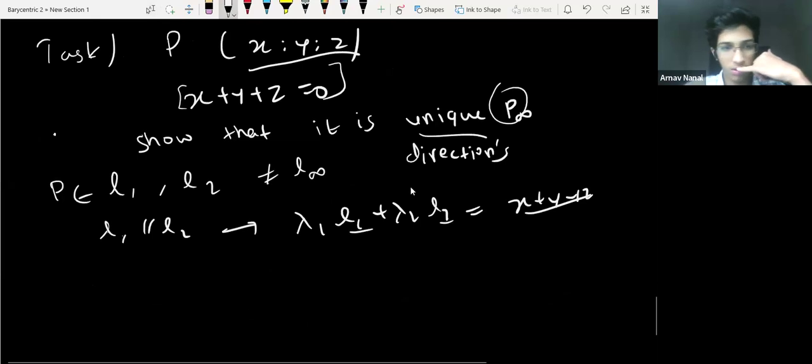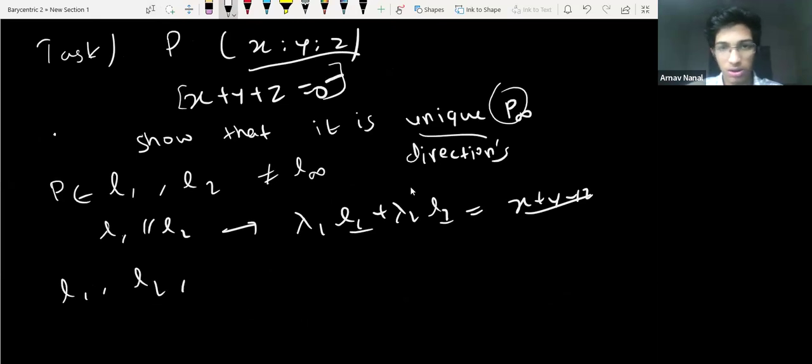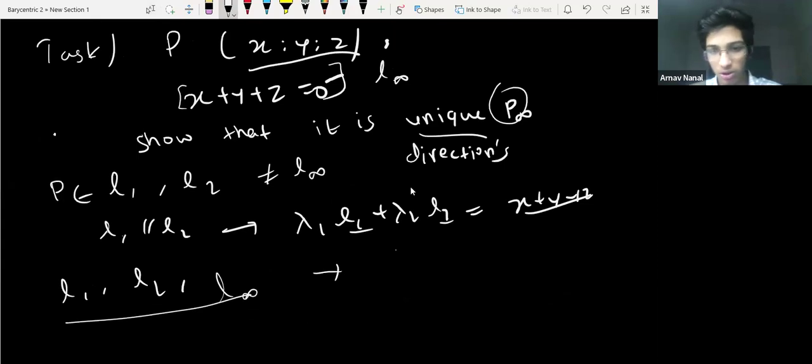Exactly. So just to recap what she said, let's say L1, L2, and I'll call this condition L infinity. If these are not linearly dependent, then you will get a unique solution x, y, z, because it's three equations, three variables.